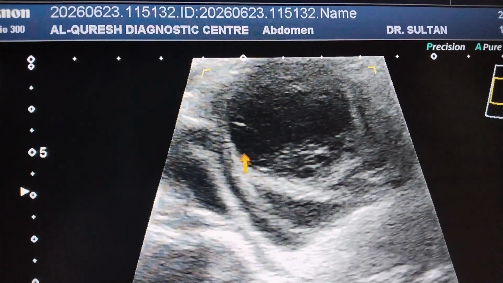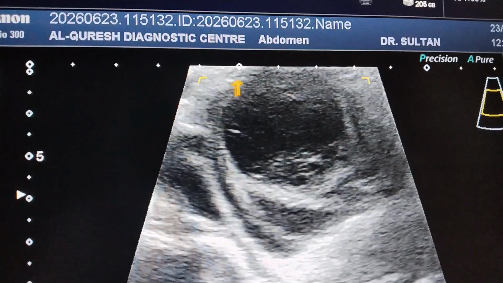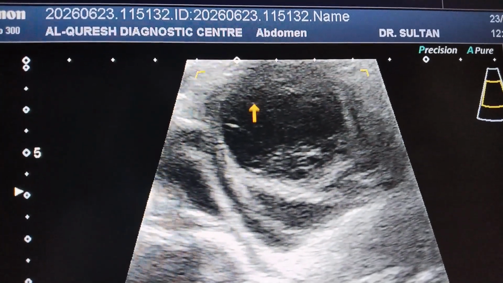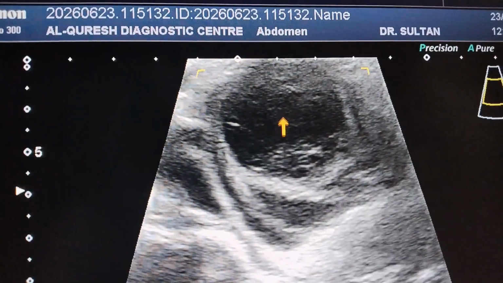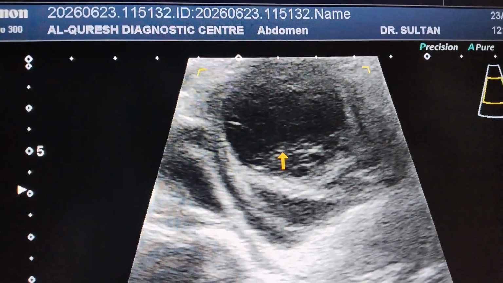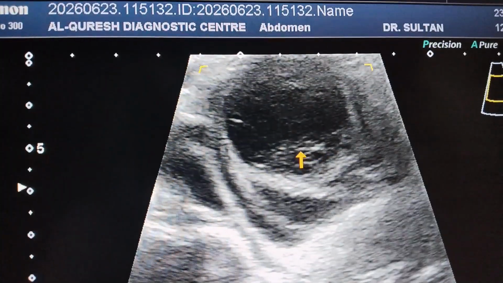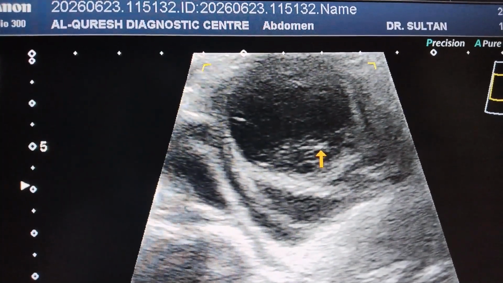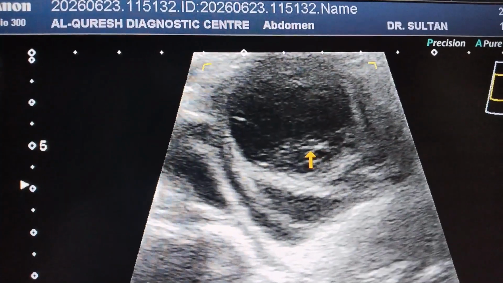In the previous cyst we have seen the fluid debris level. Here we can appreciate these internal echoes and slightly linear densities, which we can call echogenic dot line.